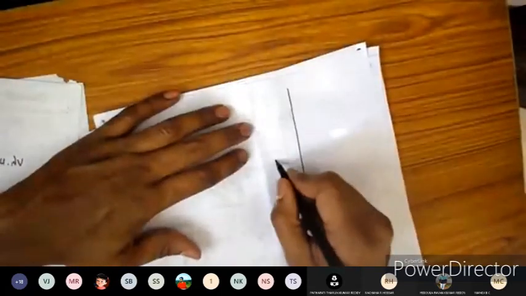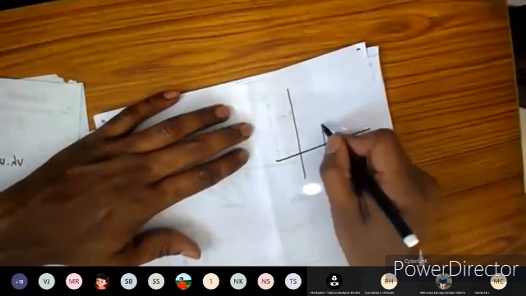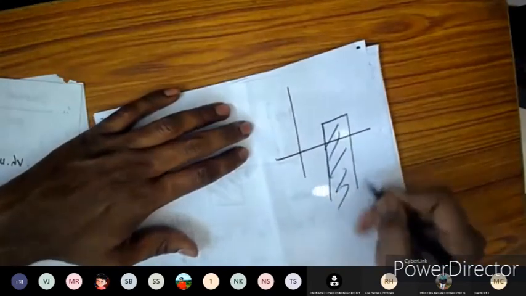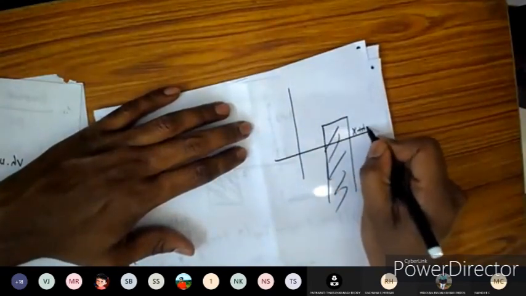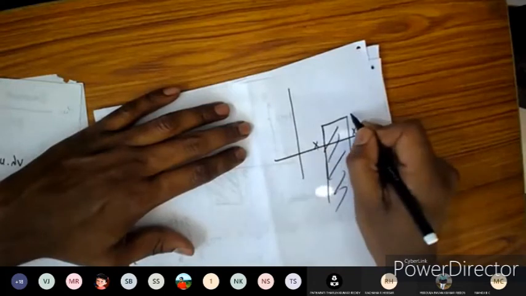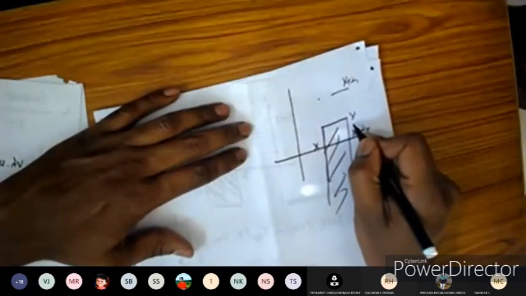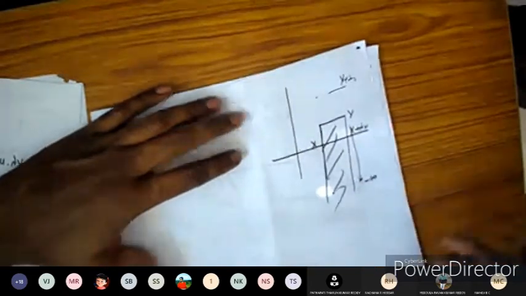I'm taking the area of this shaded portion, from x plus dx up to x, and from y plus dy, y up to minus infinity.